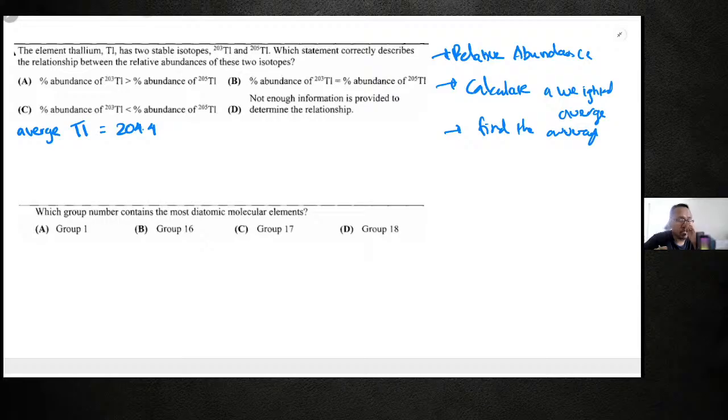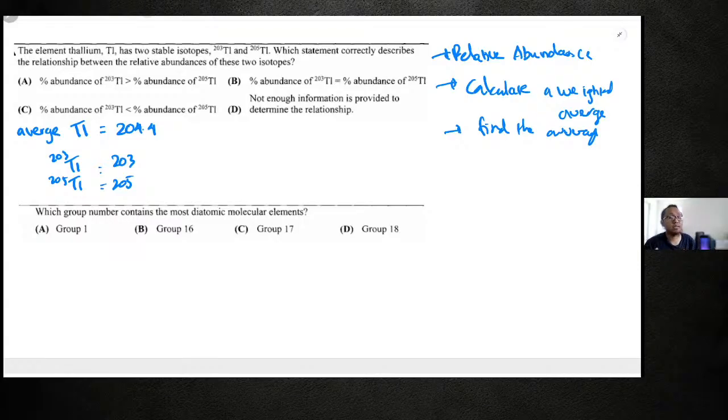And then there are two isotopes here: thallium 203 and thallium 205. So the mass of one is 203, and the other one is 205.